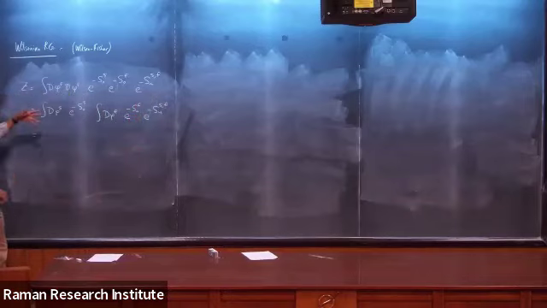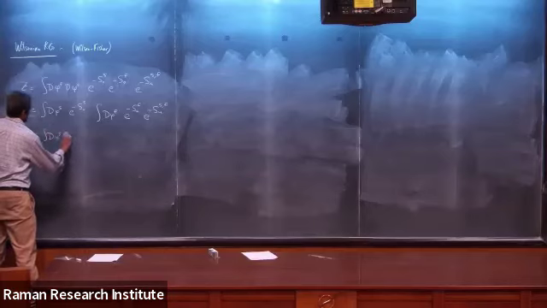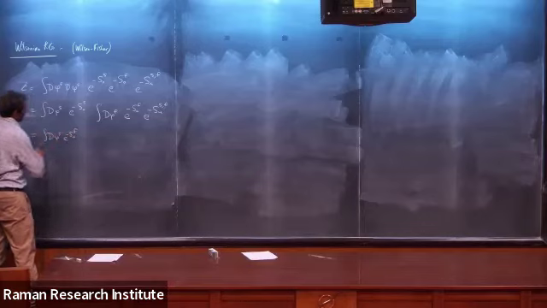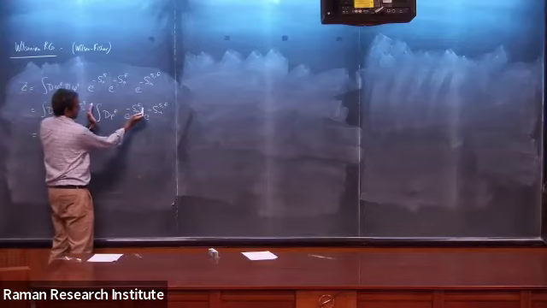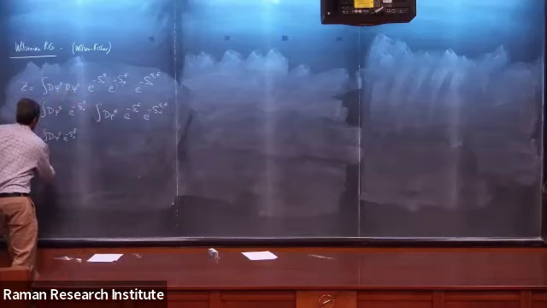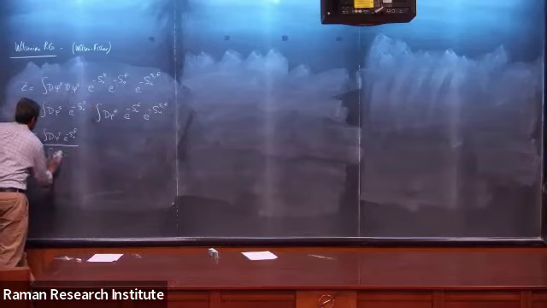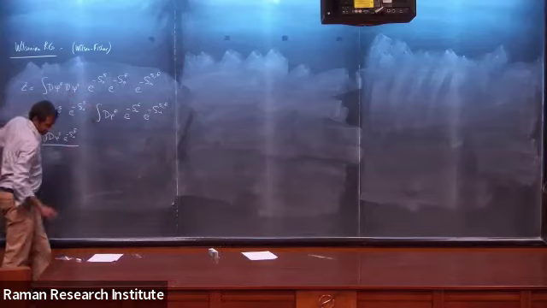And so the trick we'll use, which is useful for the level of calculation that we're going to do, is to imagine multiplying and dividing by this factor here, right? So imagine this was not there. Let's multiply and divide by this particular thing.